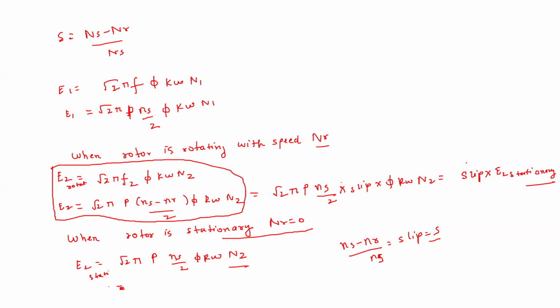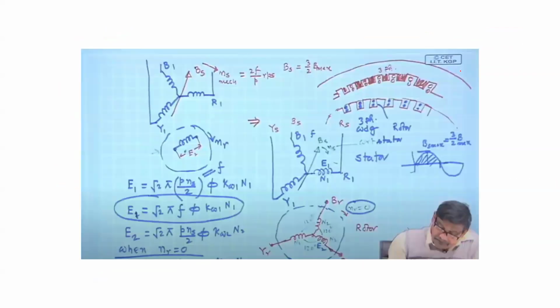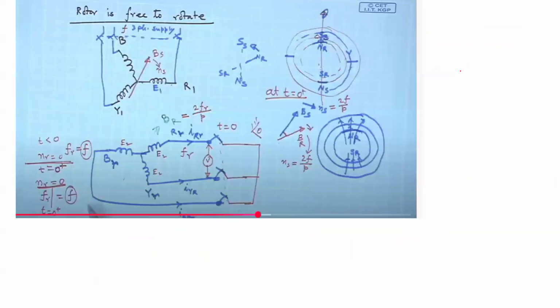You have to remember that E2 rotating is equal to slip times E2 stationary. The first 4 or 5 questions are this only. Let us just see those questions.